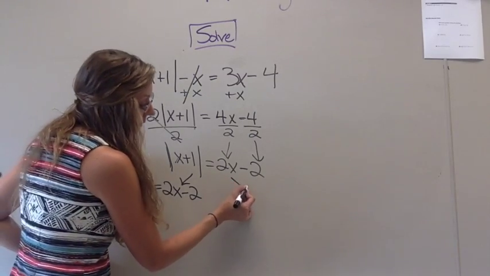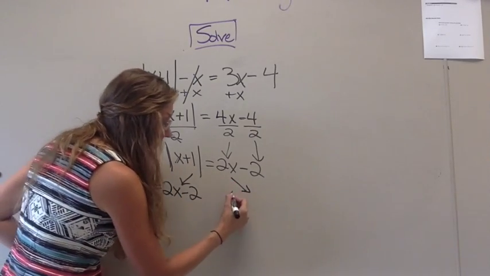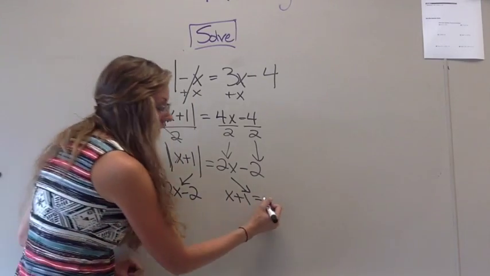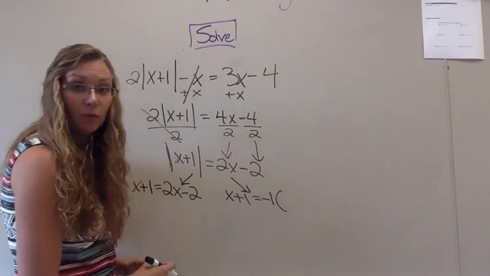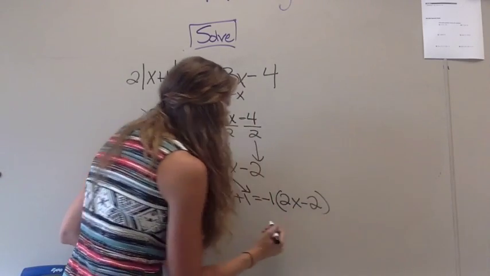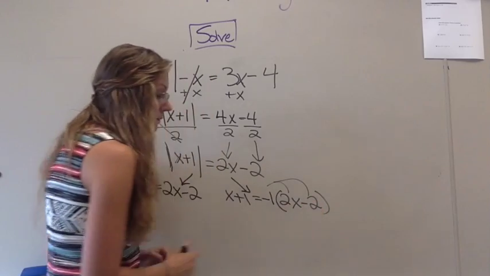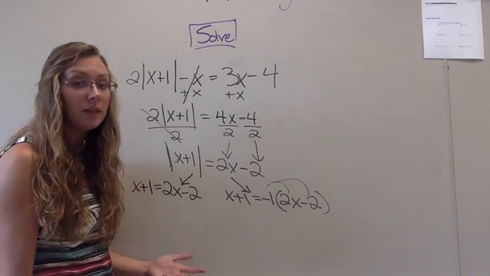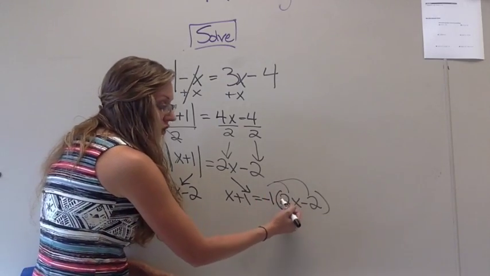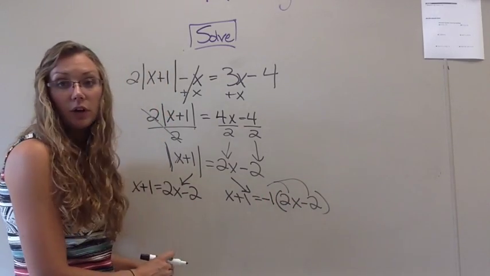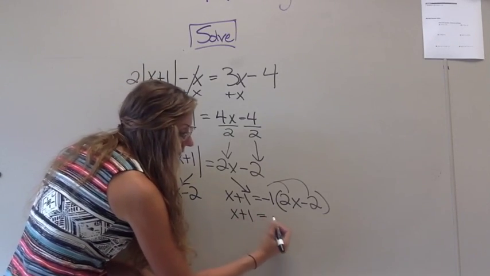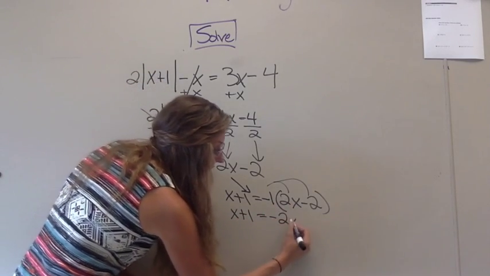The other way to split this is to take our x plus 1, and now we need it to be the negative answer of this. So I'm going to put a negative in front, a negative 1, and I'm going to be distributing it to each chunk. Okay? Once you get good at this, I'd start by writing this step, but once you get good at it, you'll see, it just changes this sign and it changes the sign of your second piece in your binomial. Okay? So we'll have x plus 1 still, but now we're going to have minus 2x plus 2.